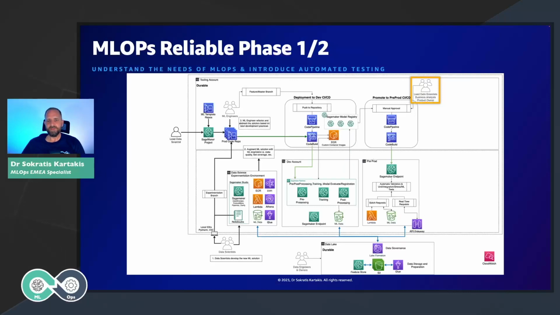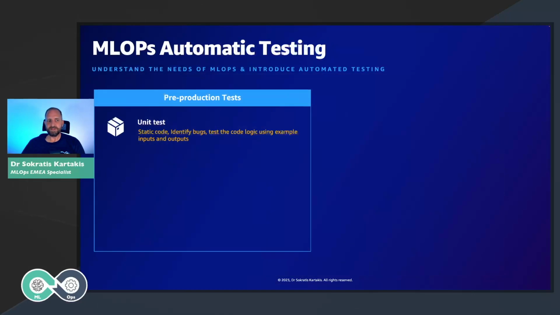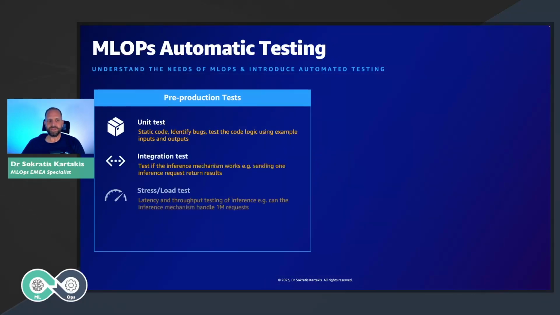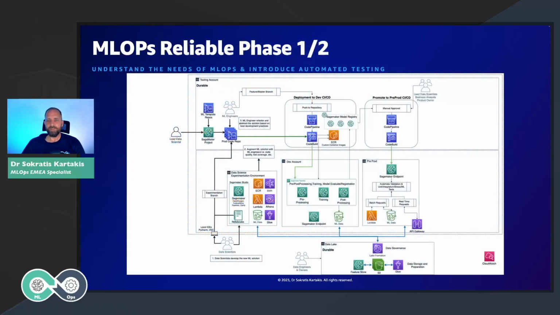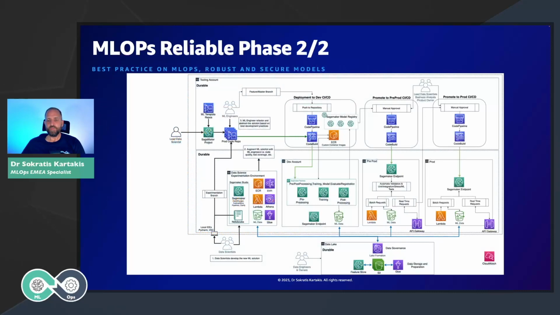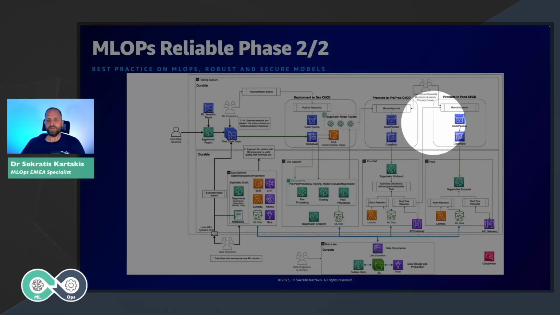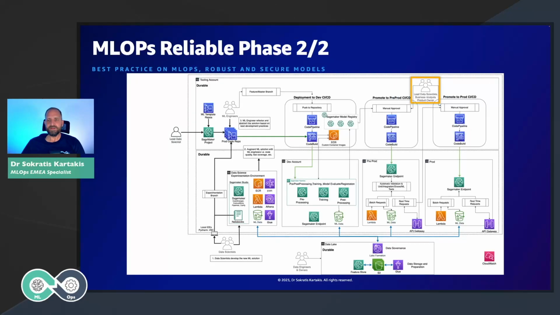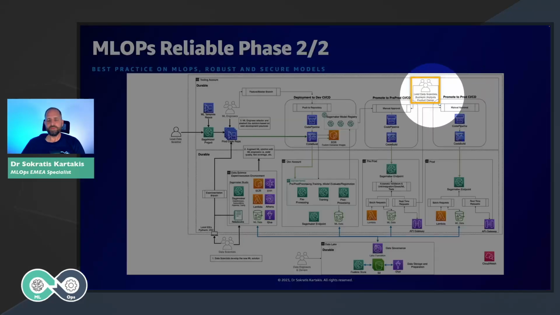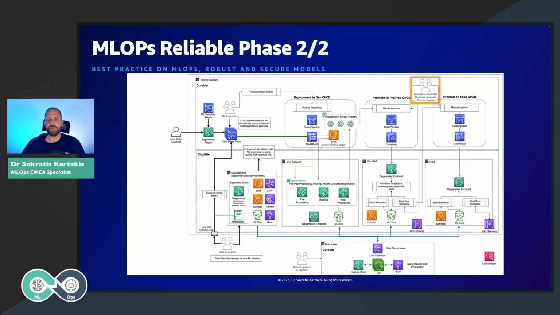After tests like unit tests, which we have covered already in the previous video, integration tests, stress tests, and end-to-end tests, this will move to the stage of manual approval before we move everything to a new account, the production account. Over there, we again have approvers to check the results of the automatic tests and approve whether the model can go into production.